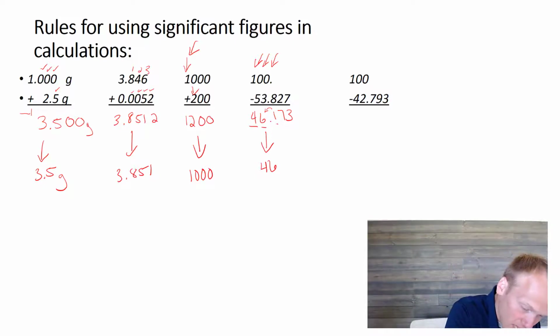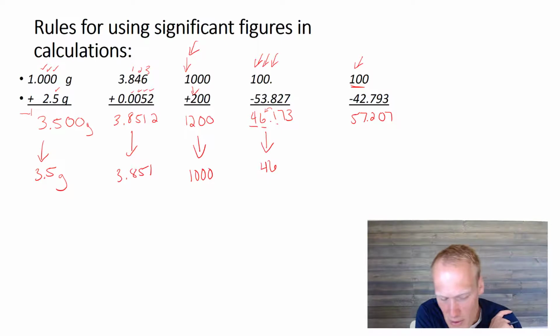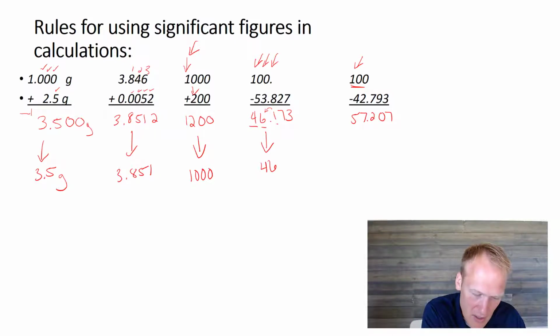This next math problem, we'd get an answer of 57.207. But this 100 right here, there's no decimal, which means we would round this to the nearest 100. That's the least significant digits place for this number. So the 57 would actually round back to 100.